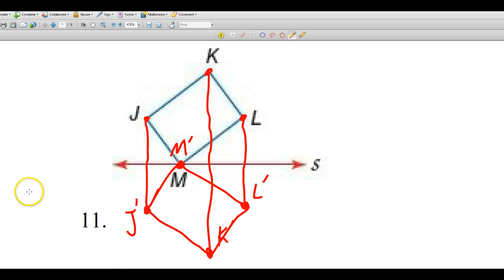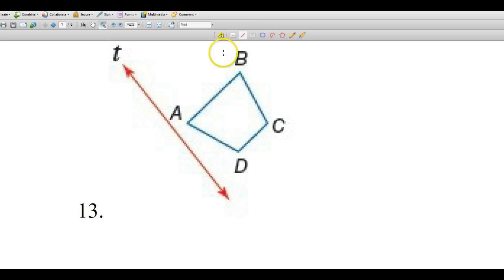So something like that. See if I can use this tool, see if it works better. So perpendicular to the line, equidistant on the other side. Same with B. Perpendicular and equidistant.